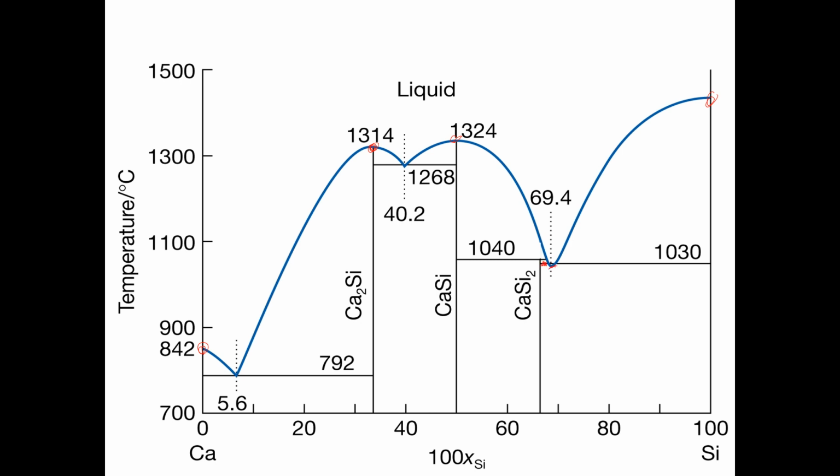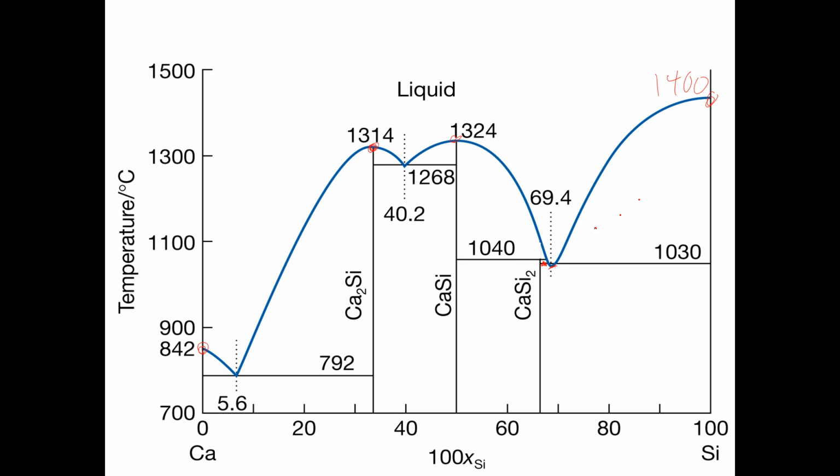And so this is pretty interesting. You've got silicon that melts way up here. I don't even see the temperature listed. It's almost 1400. And here's calcium. You just put a little bit of silicon in calcium. Silicon has such a hugely high melting point, but you put some in calcium and it drops it down to 792.